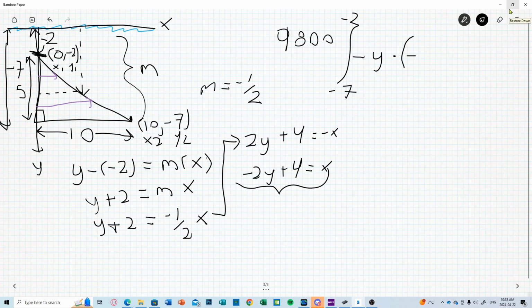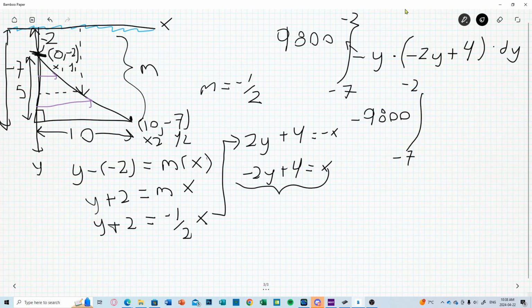So this is going to be negative 2y plus 4 times dy. To make this nice and easy, because there's all the negatives, don't want to confuse anyone, just take this negative out. Make it negative 9800 integral of negative 7 to negative 2 multiplied by y times negative 2y plus 4 multiplied by dy.